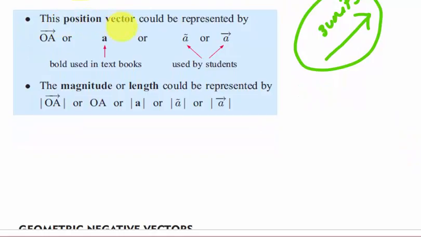So it's called a position vector, and depending on the book, it could be represented as 2 letters with an arrow over top. It could be a bold, and often we simplify it just to be 1 letter, the expression of the vector. So you'll see this as we go through.